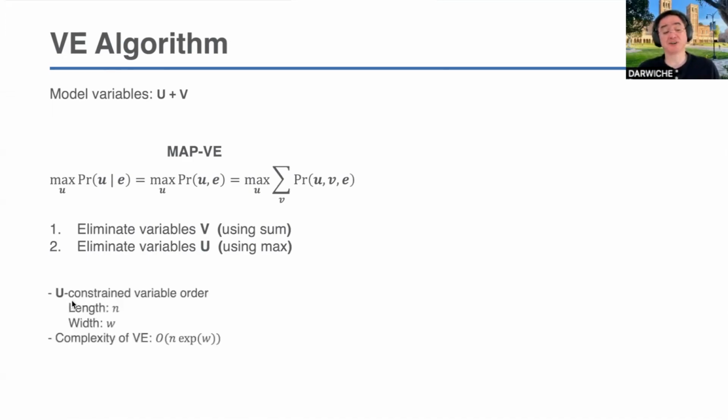As we discussed, the complexity of this algorithm is this. N is the number of variables in the model, and W is the width of the elimination order, which must be constrained. It must be an elimination order in which the MAP variables are last. Now, I can't use this. Why? Because the one I want to solve the optimization problem for is this one.